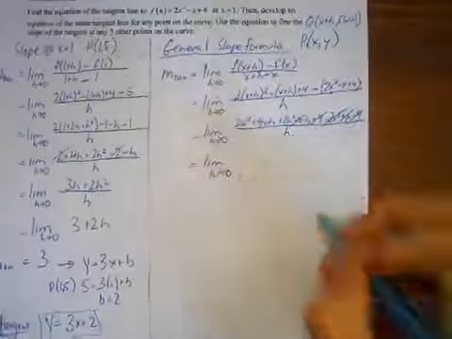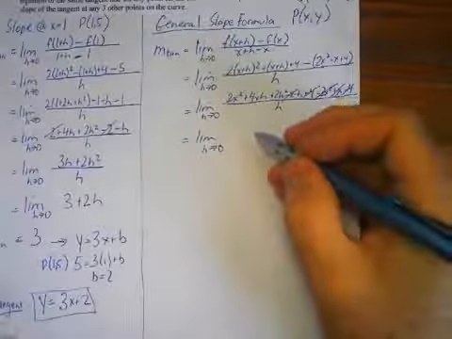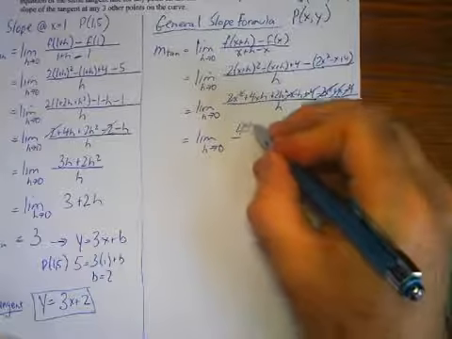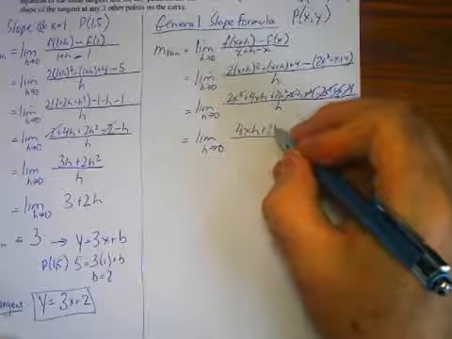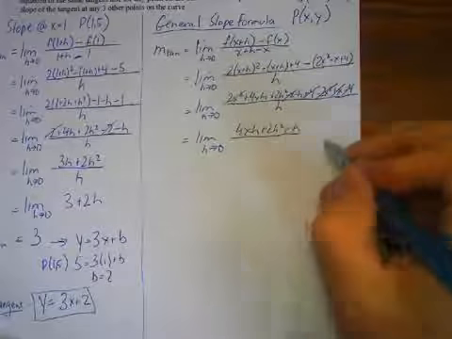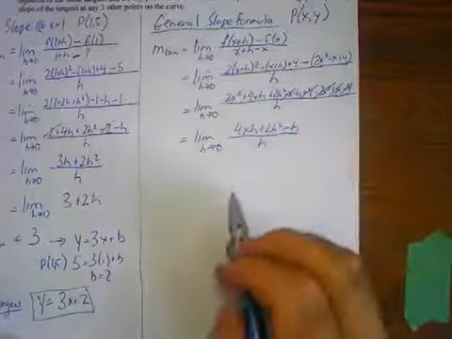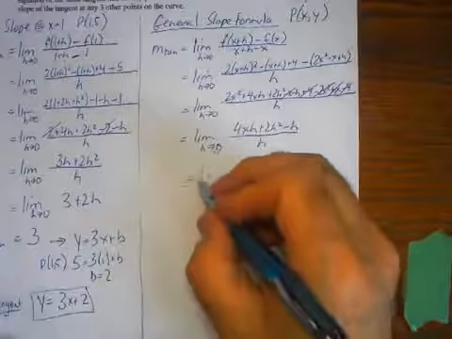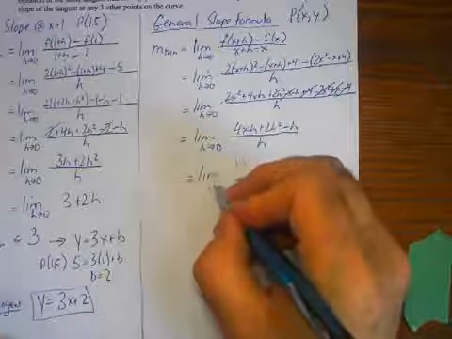I have 4xh plus 2h squared minus h, all over h, and you can see every term on the top has an h, so I can divide the h out from the bottom.